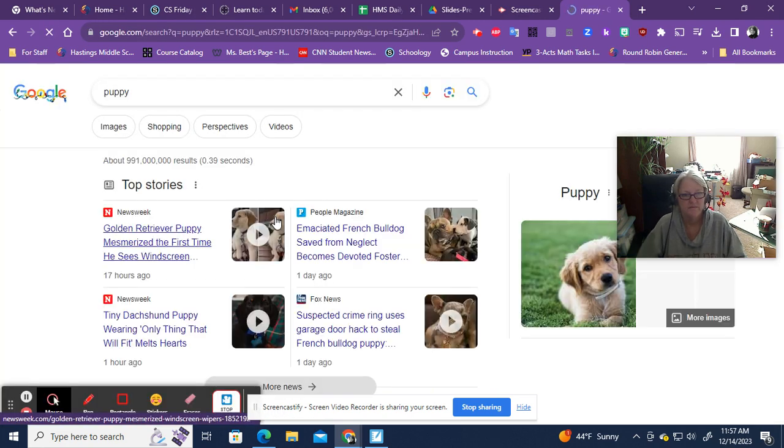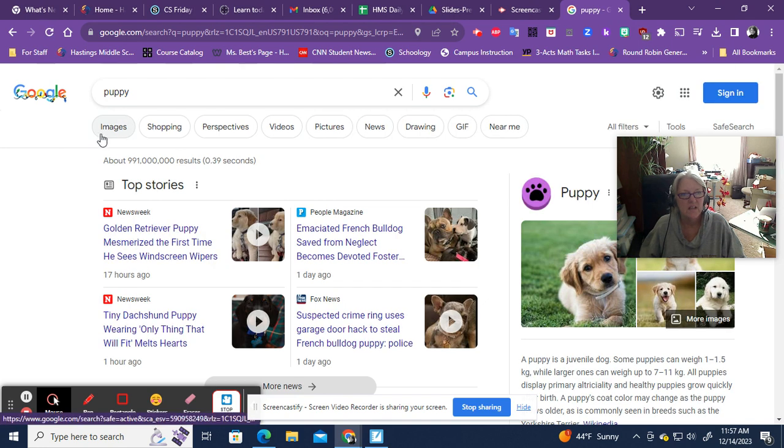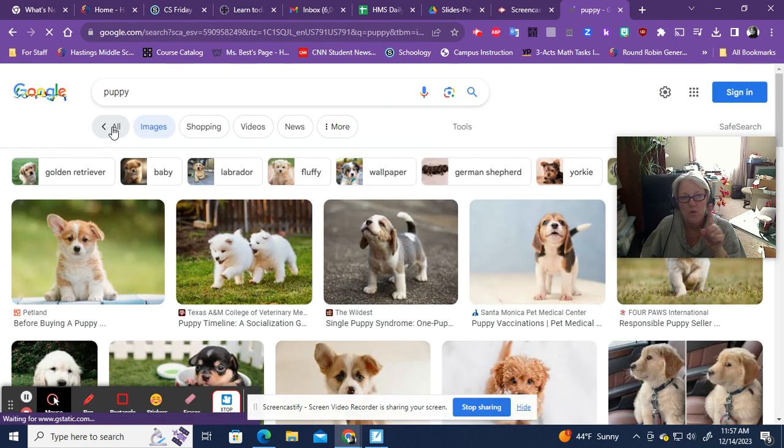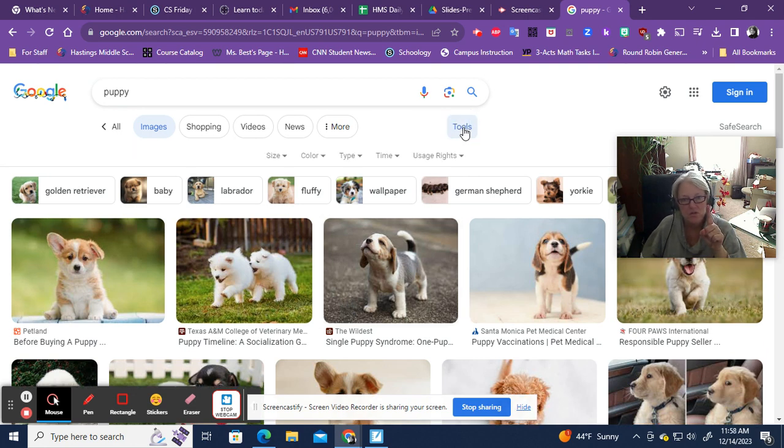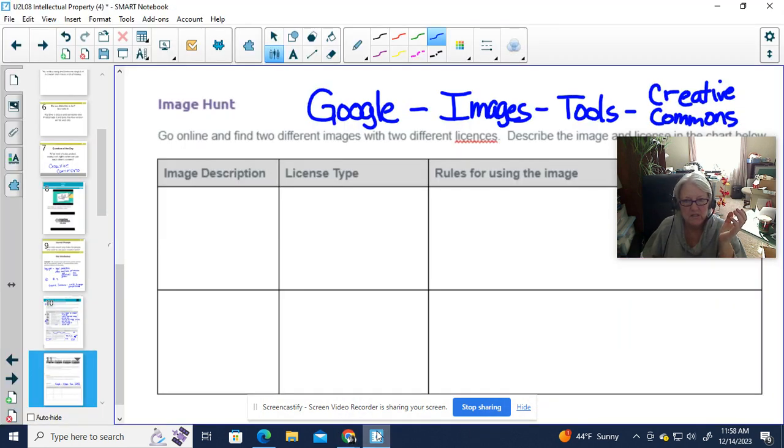Cool. Before you go digging in, images comes next. Okay, click on images. Once you have that, you get this row with more filters. And I want you to train yourself to go to tools next. Don't click on any of these images yet. Why? Because some of these are copyrighted. That's why. Go to tools. Now you see something called usage rights. Did I remember to write that in there?